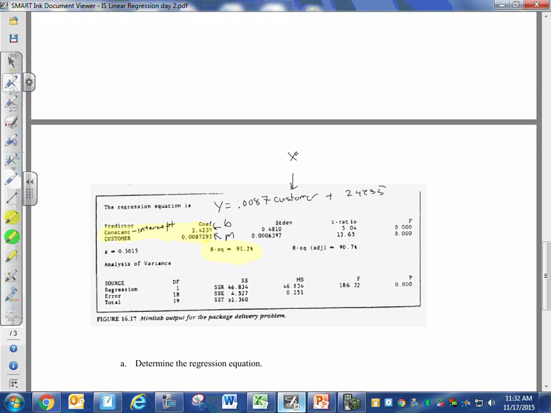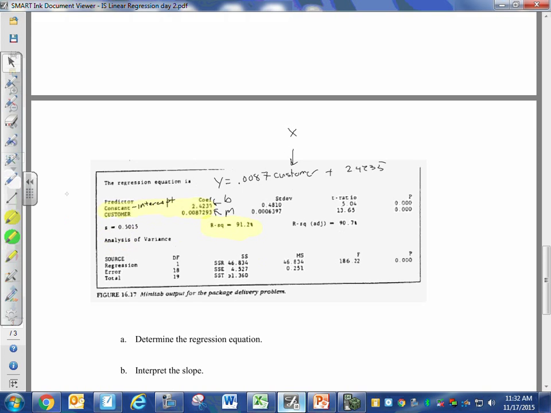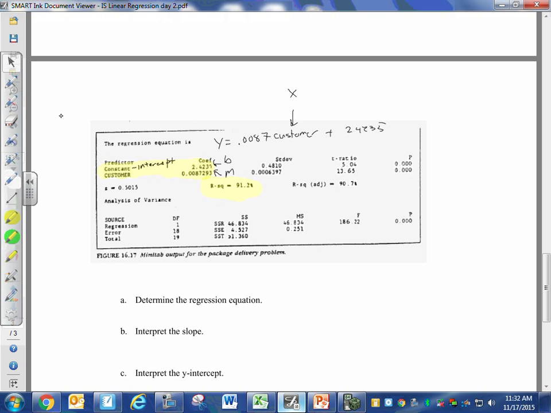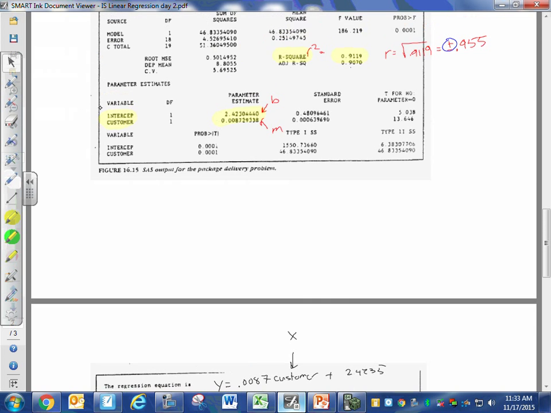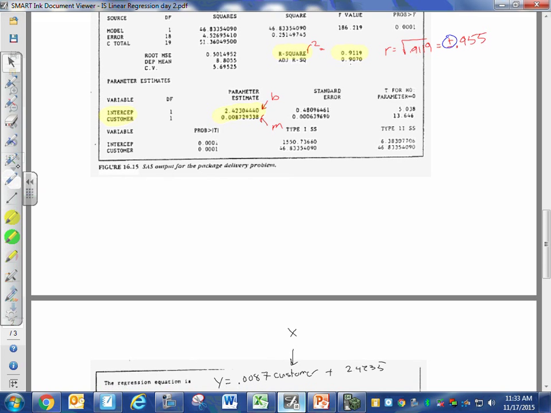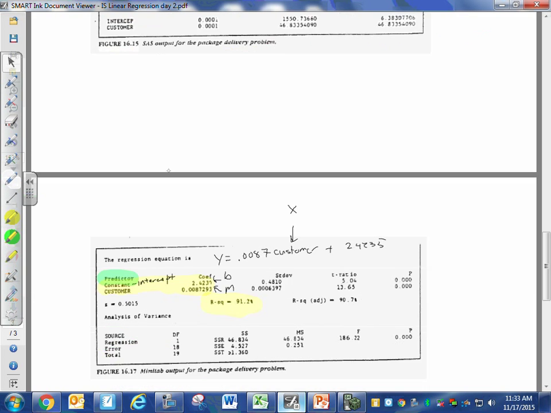Okay? So for part A, we can answer part A. Determine the regression equation. Well, either you'll be able to see it up here, or you're just going to have to look and see the predictor. You'll see it under predictor here. Up here, you'll see it under parameter estimates. Okay?